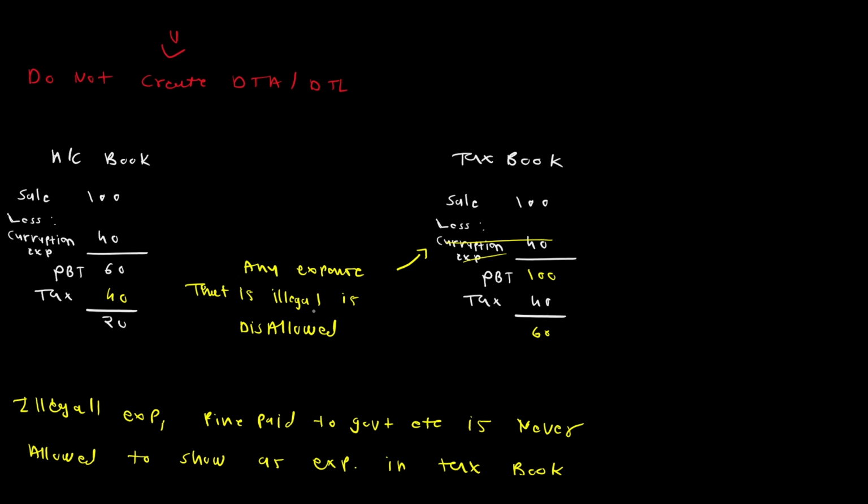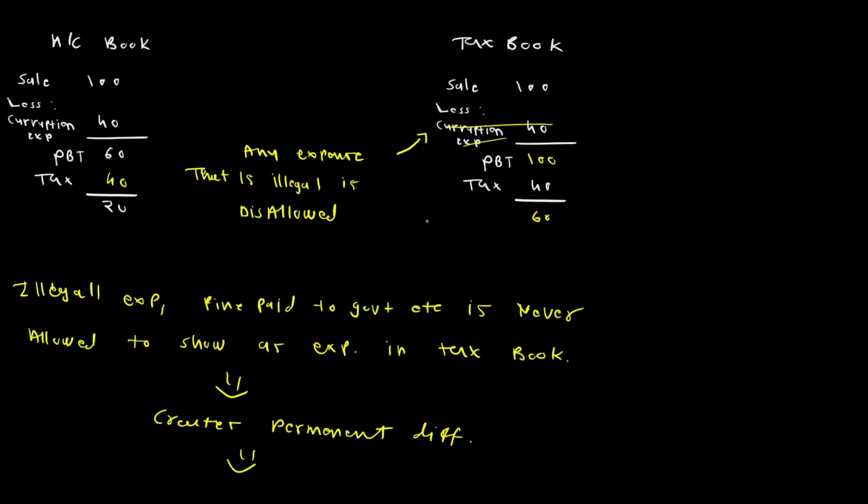Any expense that is illegal is disallowed in the tax books. So his PBT will be 100, tax will be 40% as per the tax rate, and 60 will be his net profit.